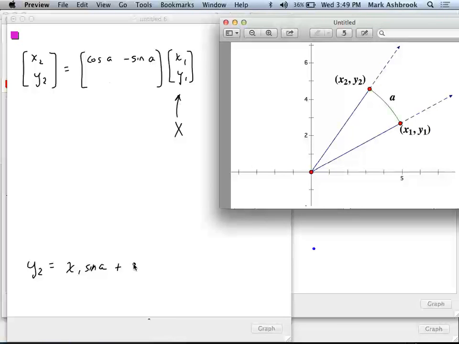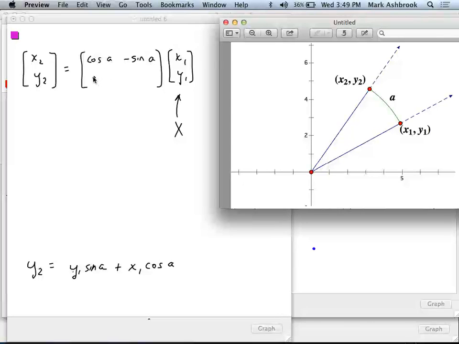Plus, no, y2 is y1 sine A plus x1 cosine. What did we get? y1 sine A plus x1 cosine. So they're switched, added, so we can switch it. That's what I have written down.